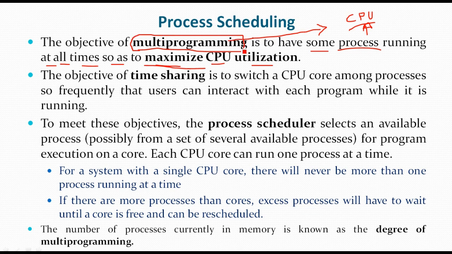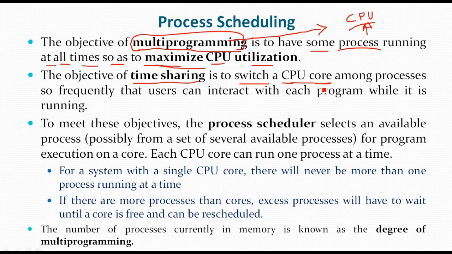Now let us come to the objective of time sharing. Time sharing is to switch a CPU core, so now we are talking about the core. In my previous lecture, I showed you the task manager of my laptop, where I showed you the 4 cores of my CPU.